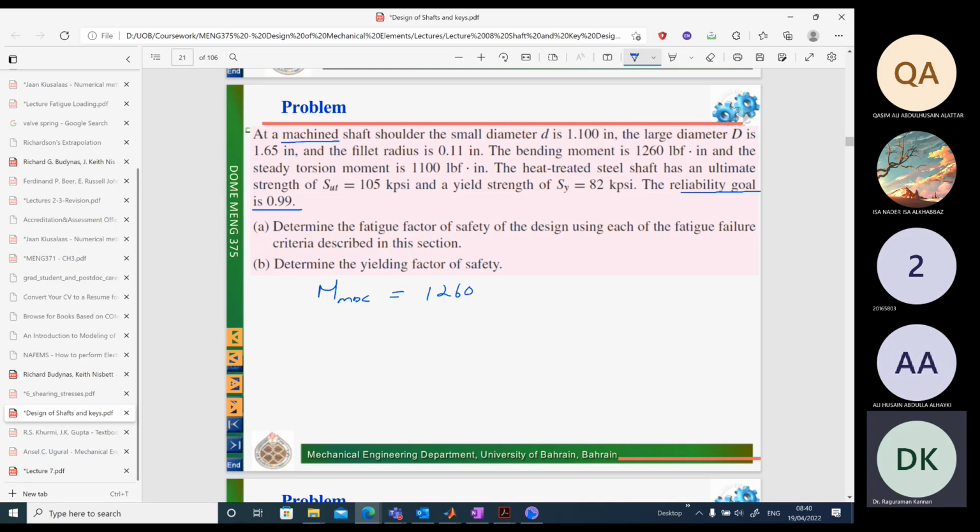and we can directly see here, since it is a completely reversed loading, this value also should be equal to the amplitude, while M mean value is 0. Take the torque, you have the T mean value, since it is a steady, 1100 pound-force inch, and the amplitude is 0.